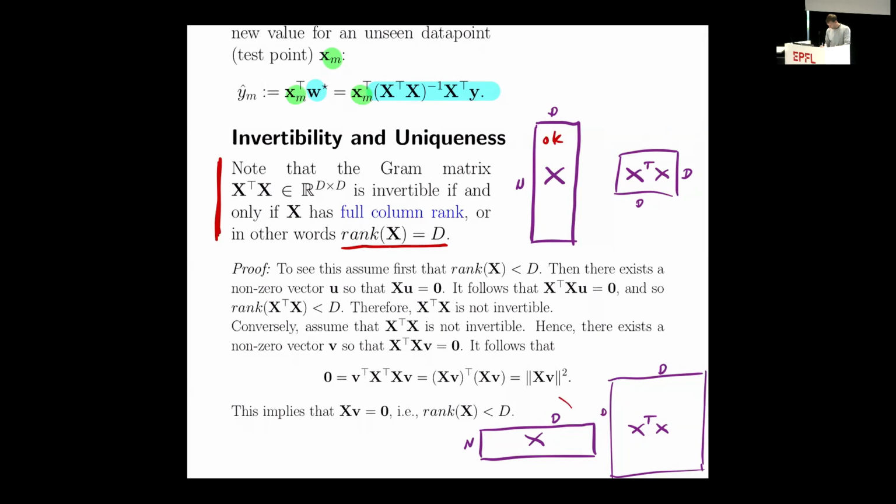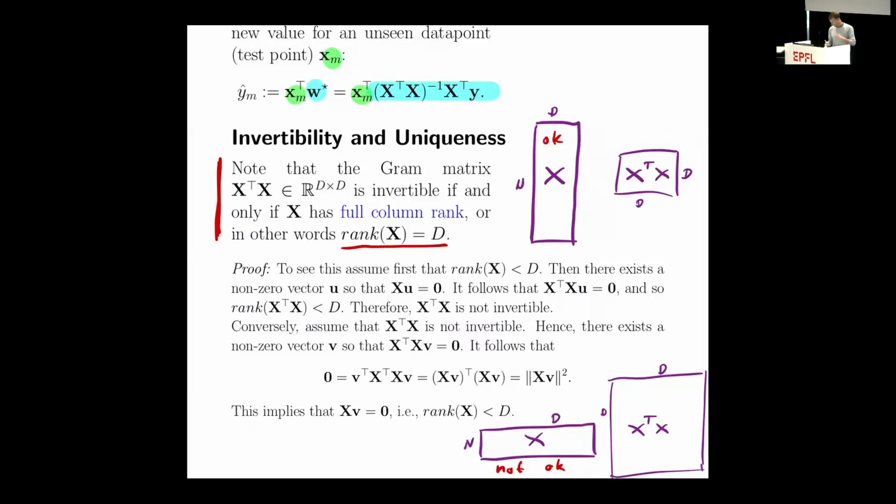And then in the case here, when you have many more features than data points, then it's actually not okay. So here it's never possible. This matrix will certainly not result in an invertible X transpose X. It's impossible, right? How can this matrix have full column rank? How can it have rank D when it has only so few rows? Because the rank will always be smaller than the smaller of the two, either the number of rows or the number of columns you have.